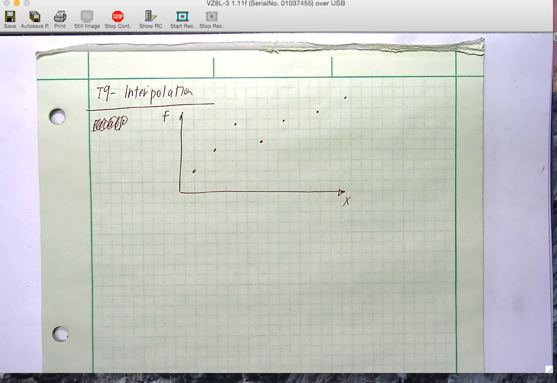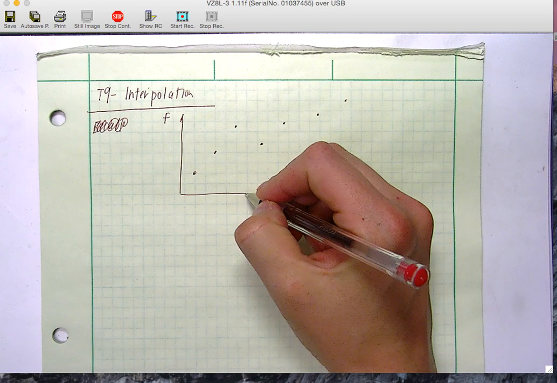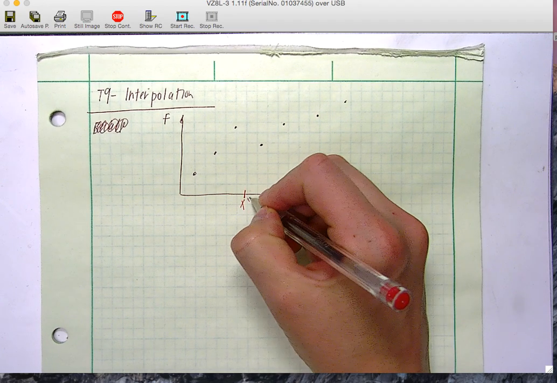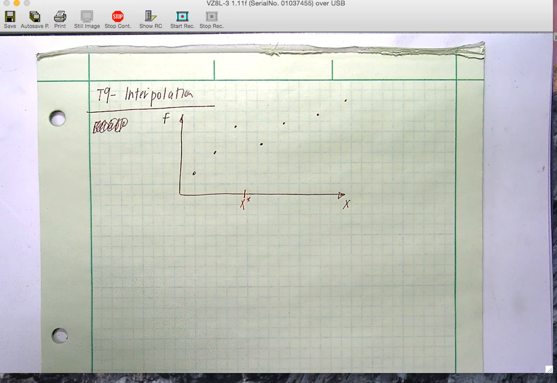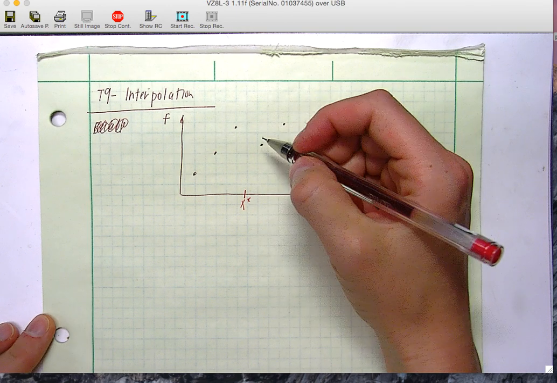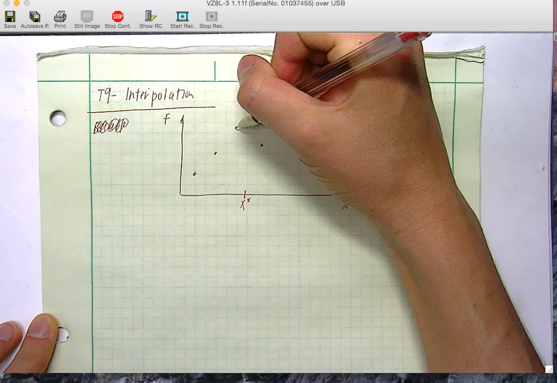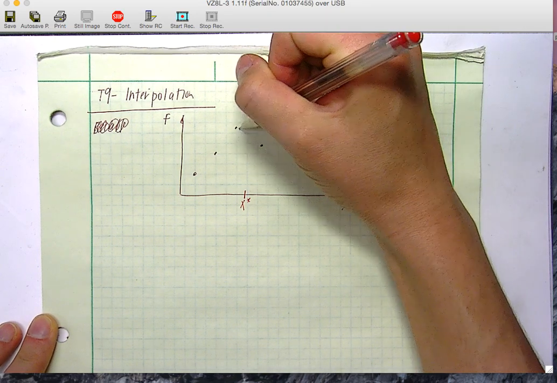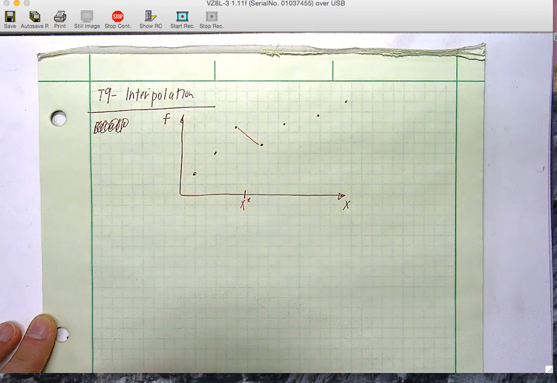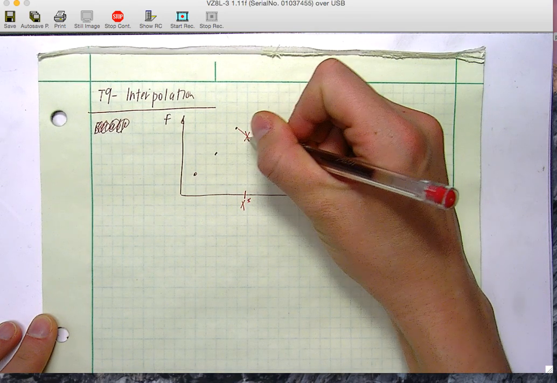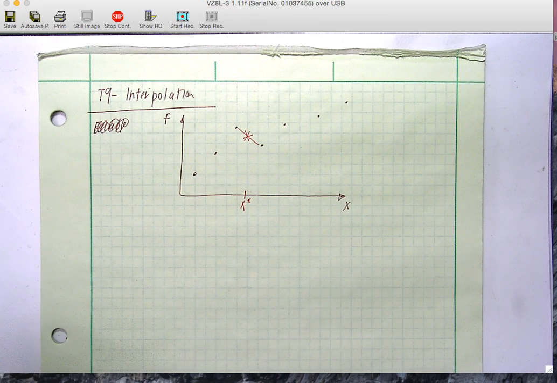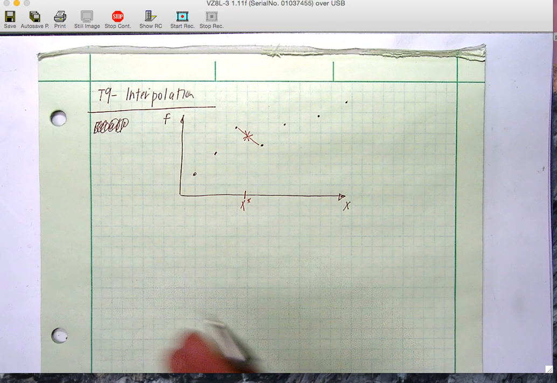And the way you want to think about interpolation is that you use it when you need something that's in between the data that is available. So for example, let's say that I wanted to know what this value is here, but I don't have data at that location. What linear interpolation does is say, okay, well, there's 2 points on either side of it. Let's connect those 2 points with a linear line, and then let's approximate that data point on that linear line between the 2 points.